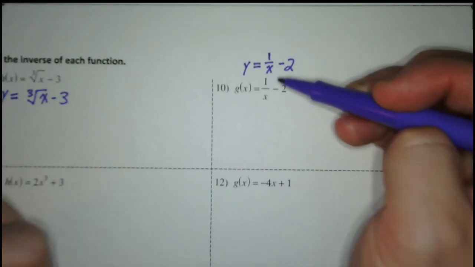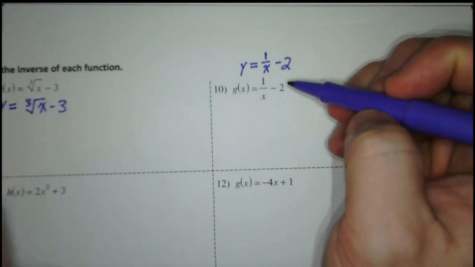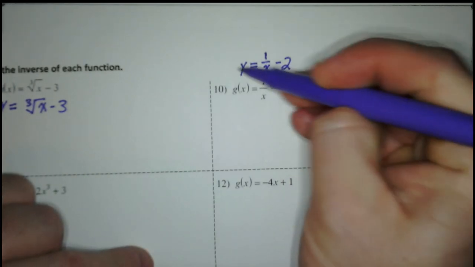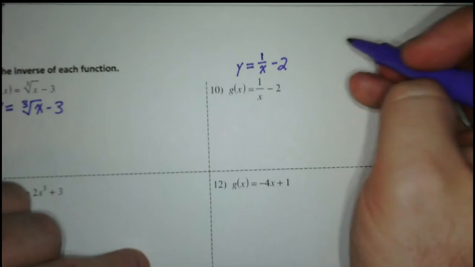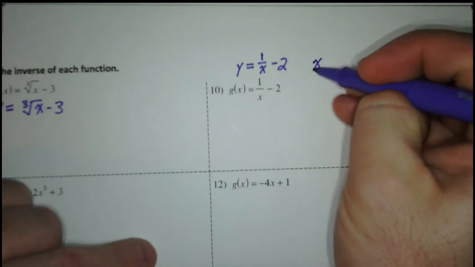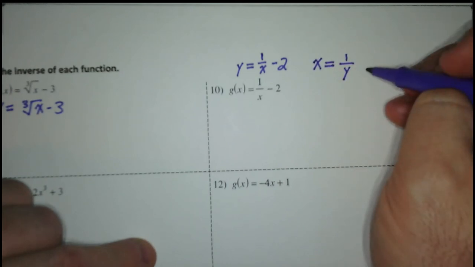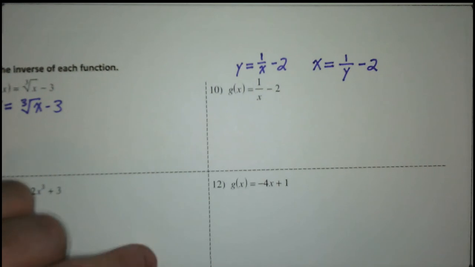So in number 10, your first step, and this is the big step, would be to literally switch x with y and vice versa. So here we go. What this becomes is x equals 1 over y minus 2. So that's the inverse.